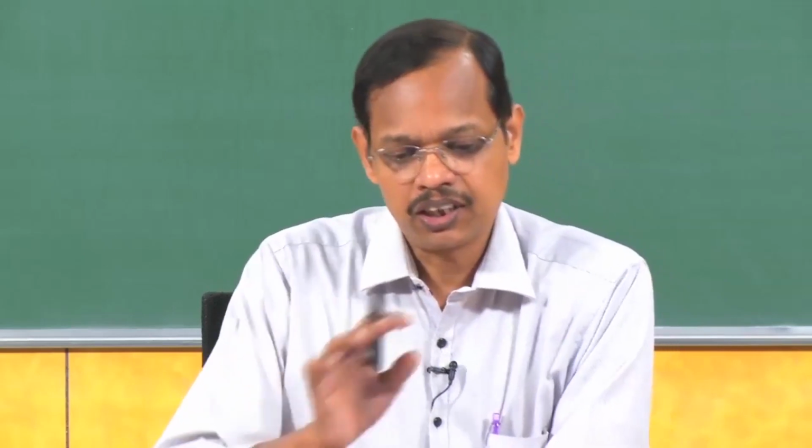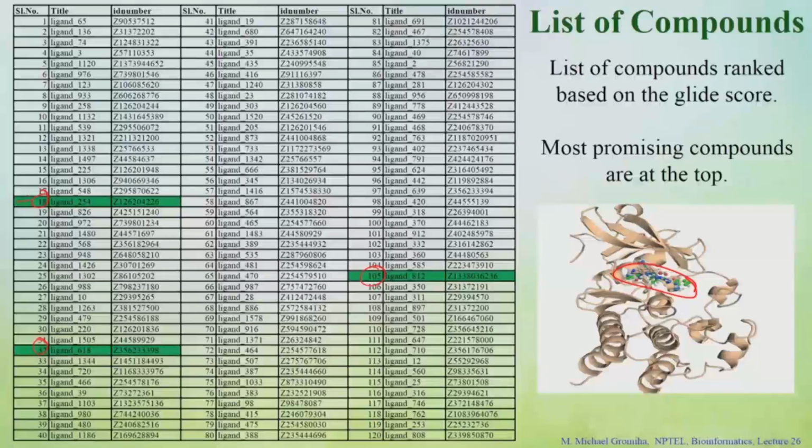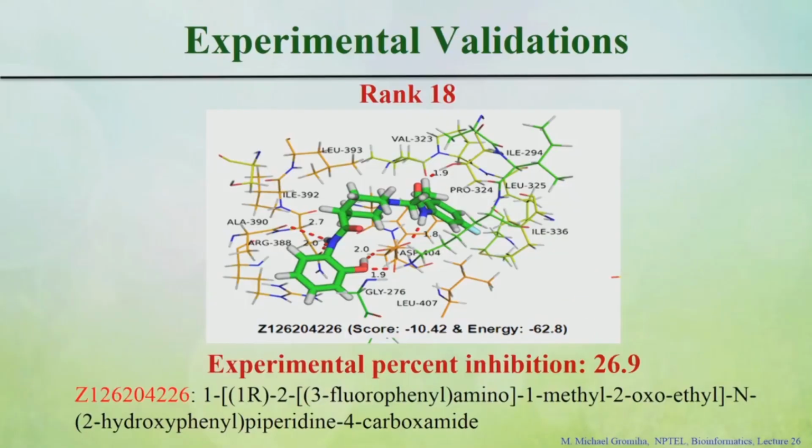Okay, now we will see how they interact and how they could be a potential lead compound. Take the one ranked 18. This showed an inhibition rate of 26.9. We have the Glide score of minus 10.42 and the energy of minus 62.8, right. So, what is the difference between score and energy?